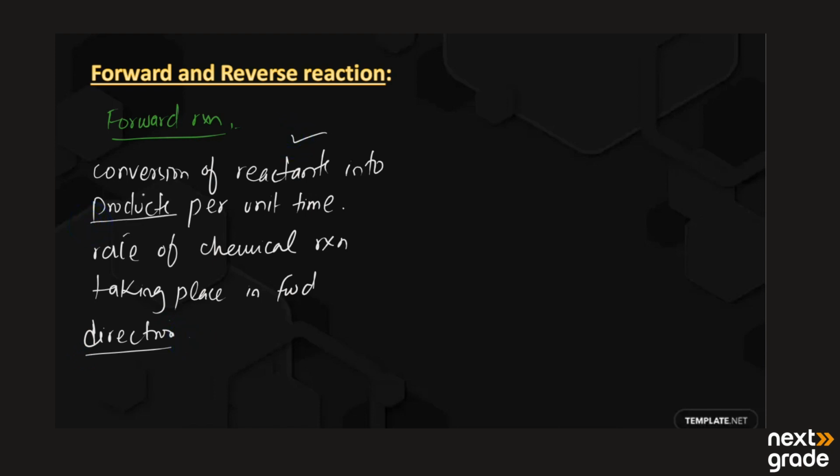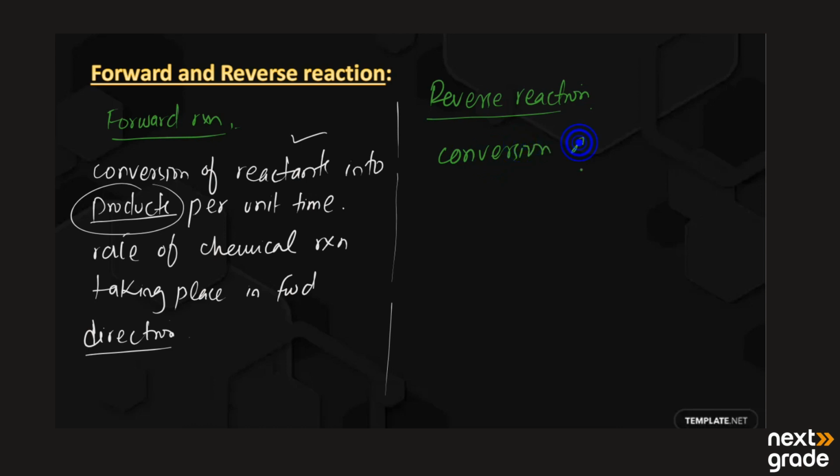When the reactants are going to change into the products, this process, or the reaction, is known as the forward reaction. On the other hand, what do we mean by reverse reaction? It is the reaction of conversion of products back into the reactants per unit time.